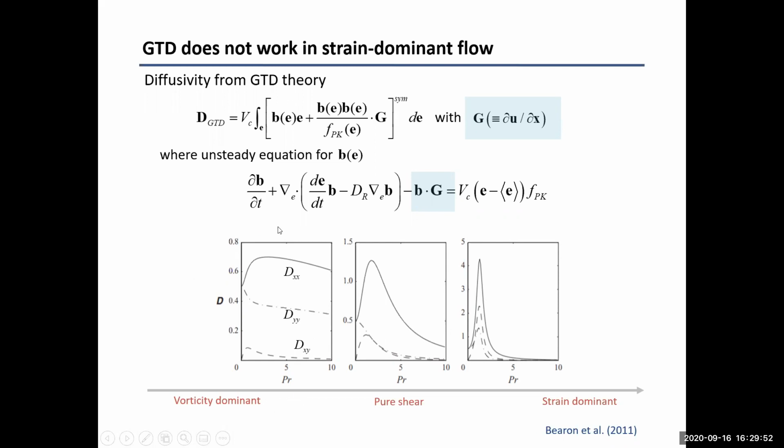This is the behavior of diffusivity along the strength of the velocity gradient tensor. This is a situation where the velocity gradient tensor is dominated by the vorticity component, and you see that everything looks fine. But as you go to a strain-dominant velocity gradient tensor, you will see that something nasty is happening here.